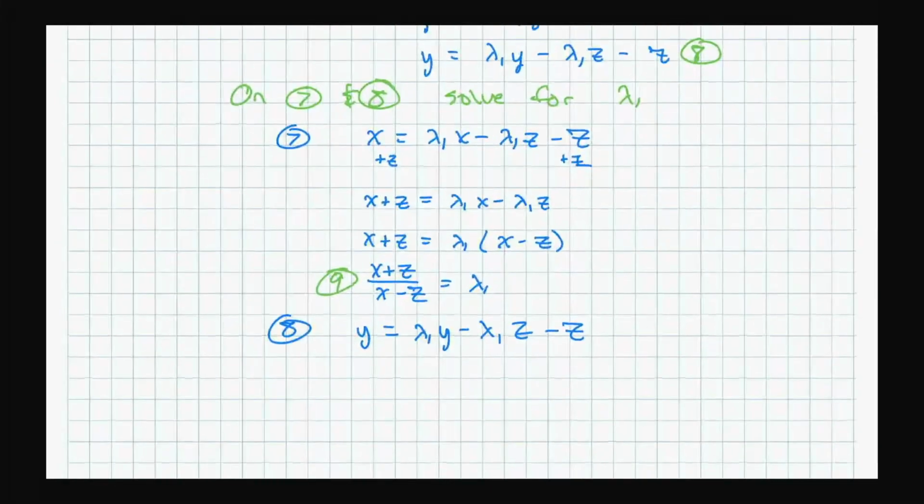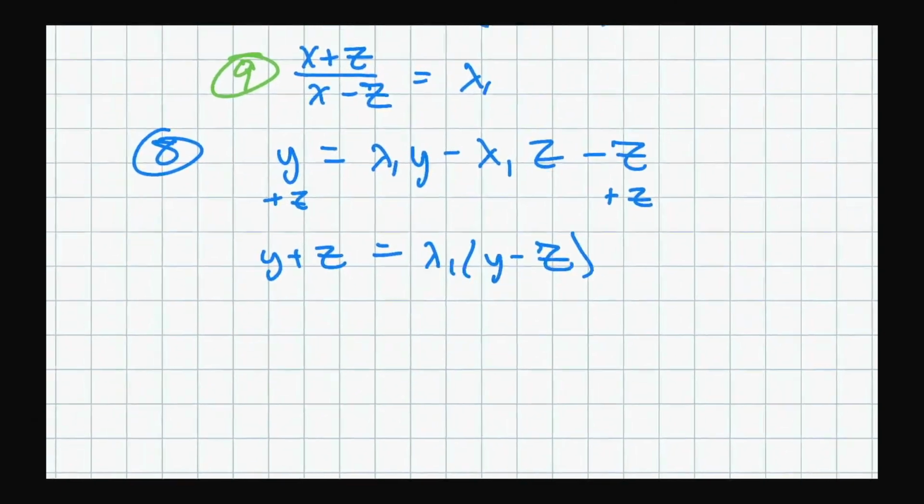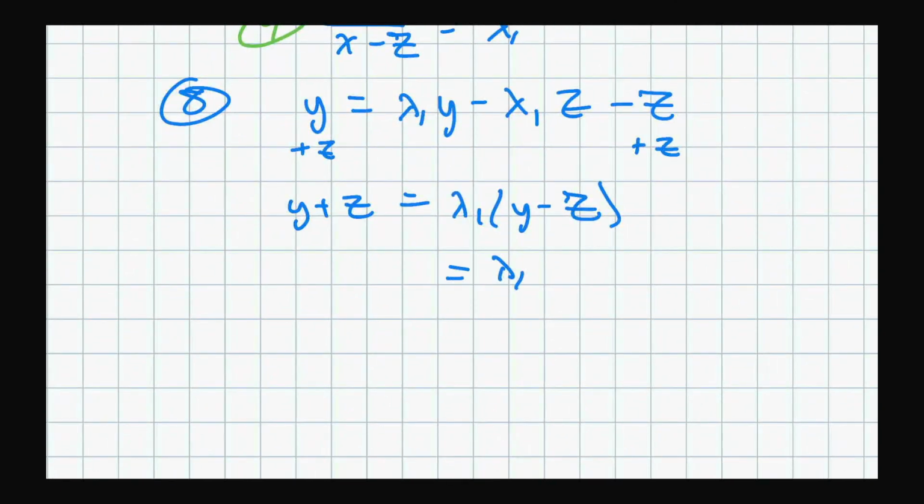Okay, so that's correct. So we're going to solve for lambda 1 here. Same thing as before. We're simply going to add z, so you get y plus z equals, and the remaining terms here have a lambda 1, factor out the lambda 1. So you get this, and then divide by y minus z, you get lambda 1 equals y plus z over y minus z.